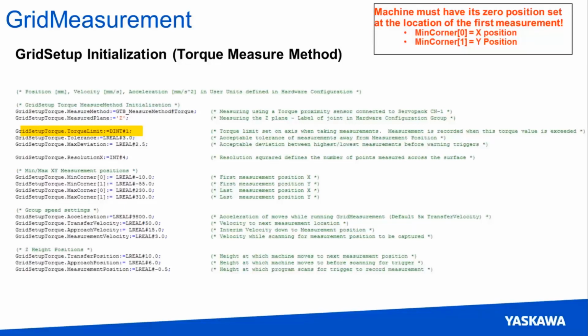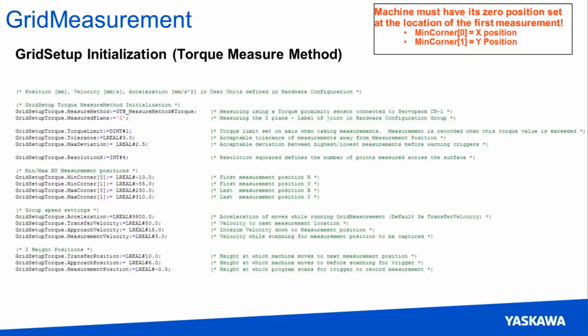After each measurement is recorded, it'll briefly set its torque back to the original torque you had prior to starting grid measurement. So you don't need to worry about your torque limit getting set to 1 and having to go back to hardware configuration to reset it.